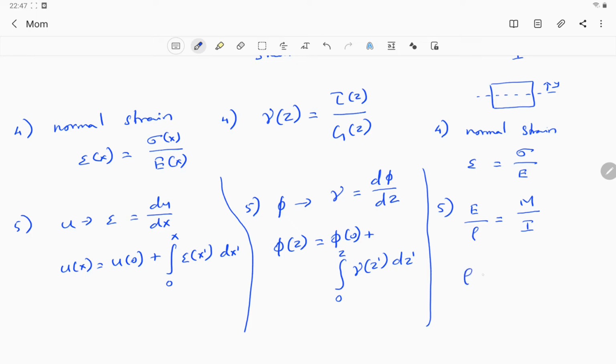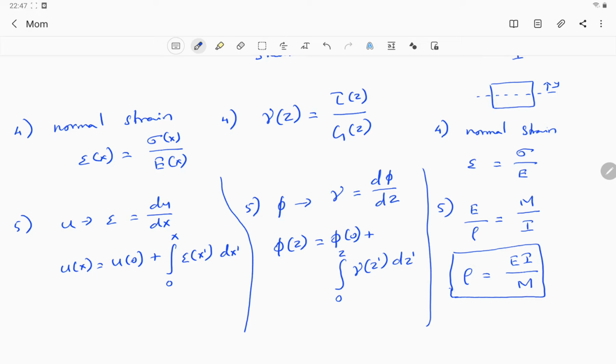So rho is nothing but EI by M. So that's the way of describing the deformation.